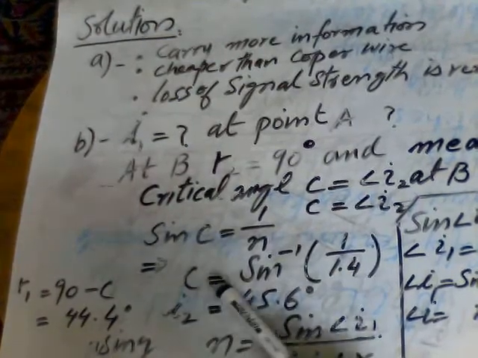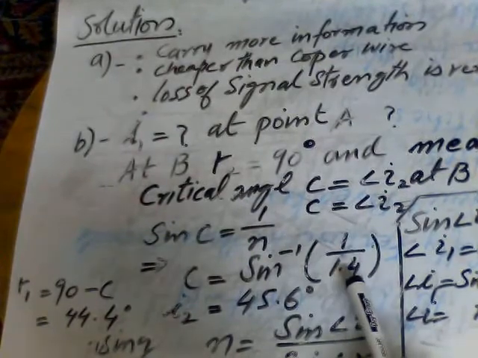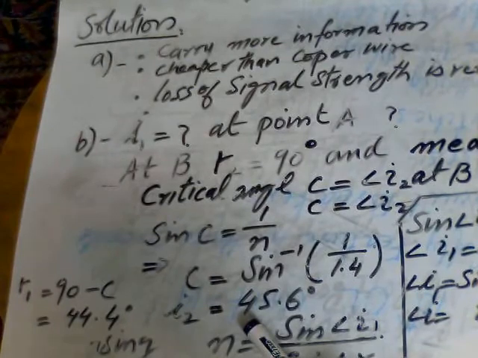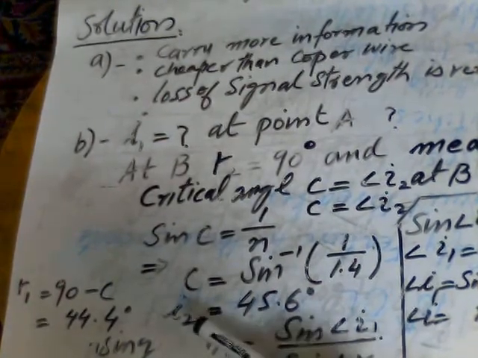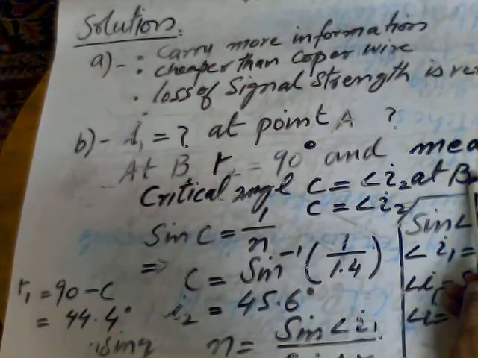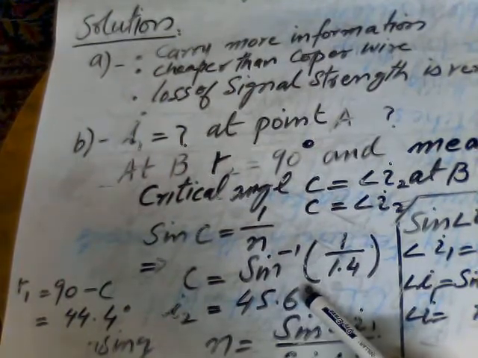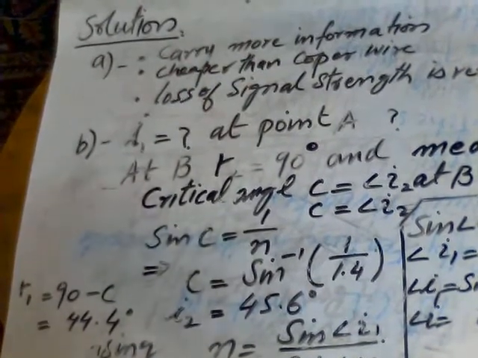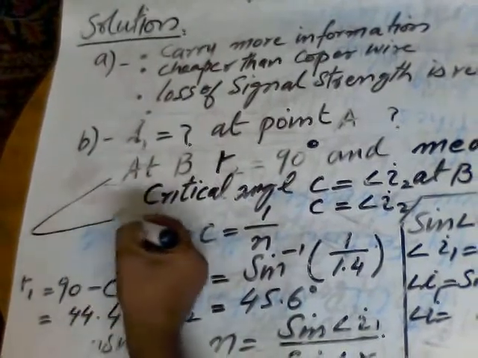So when we solve it, 1 divided by 1.4, inverse of sine, we get 45.6. So I2 at point B is equal to 45.6.